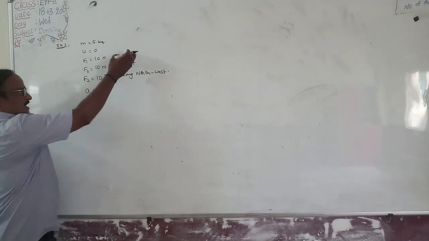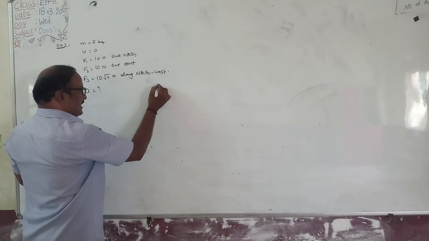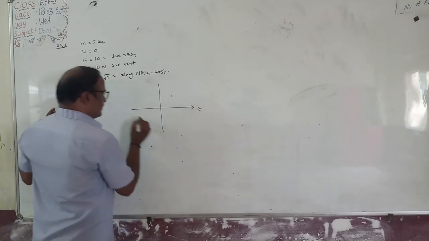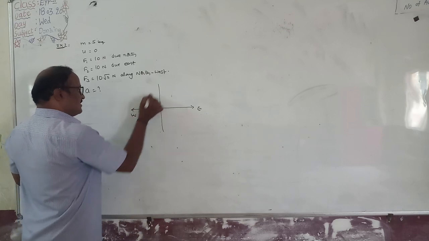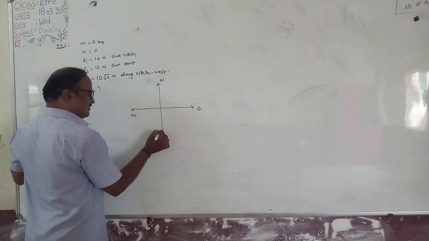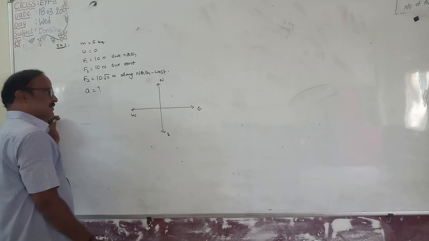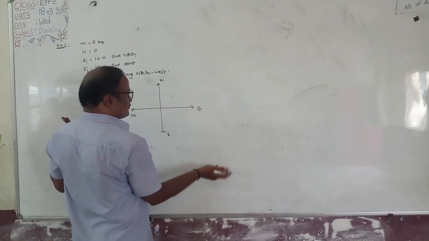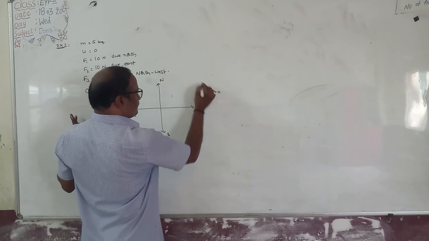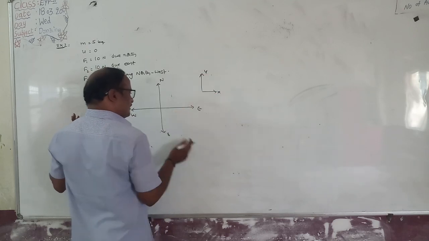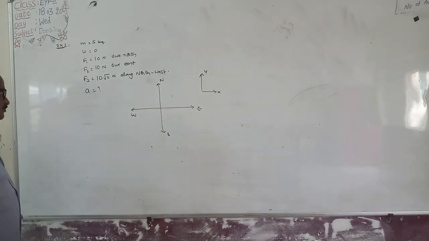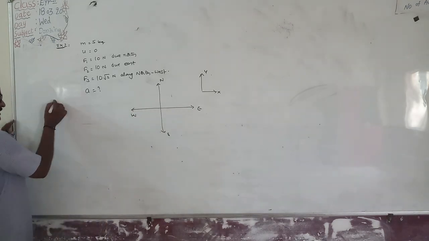F1 is 10 Newtons along north. We must indicate the directions here. Suppose this is east, west, north, and this is south. Let us also consider a coordinate system. This is the x direction and this is the y direction, and this becomes negative x, negative y.